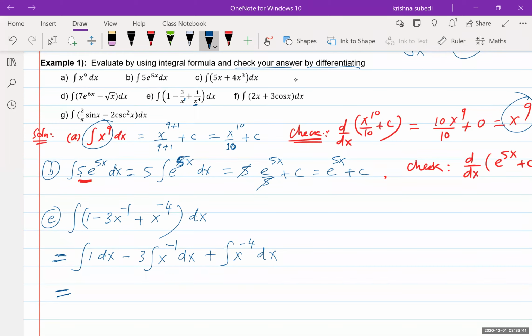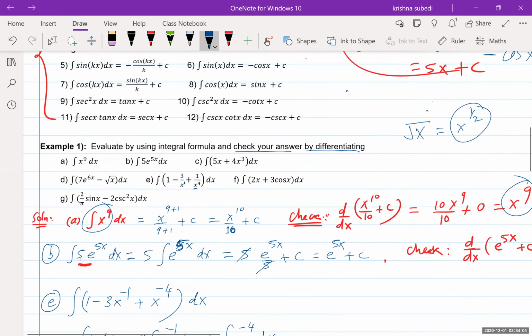What we said is that this will be simply x plus c. Minus this 3, this one is ln x plus c. That's the formula, right? So x power -1, look at the formula.